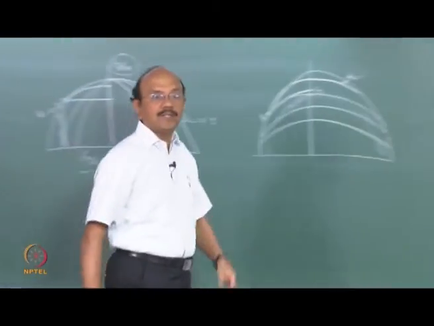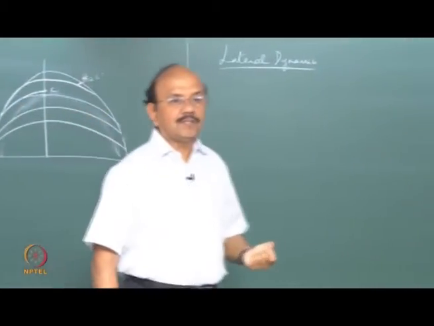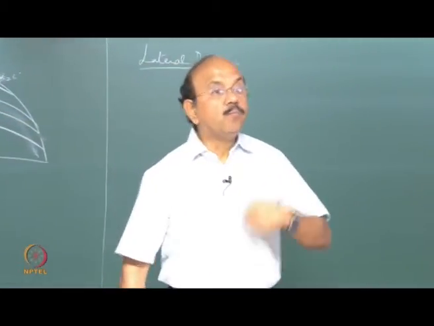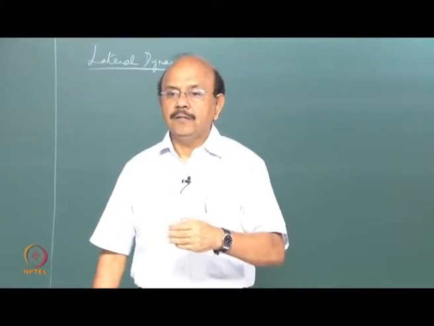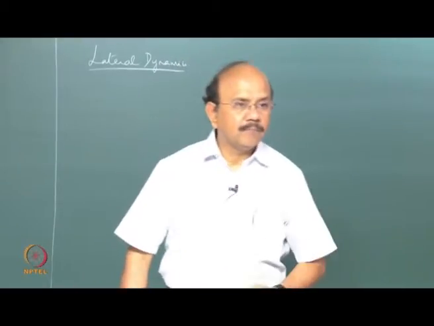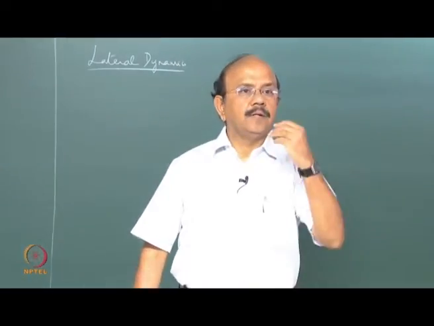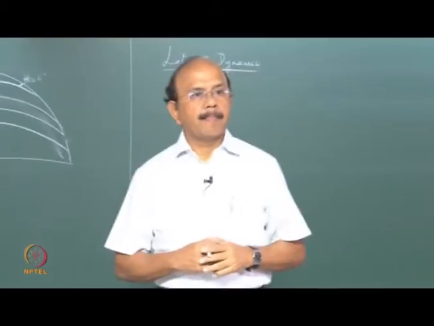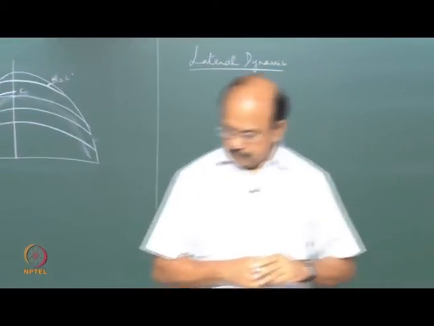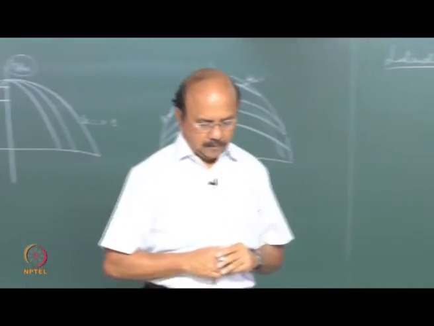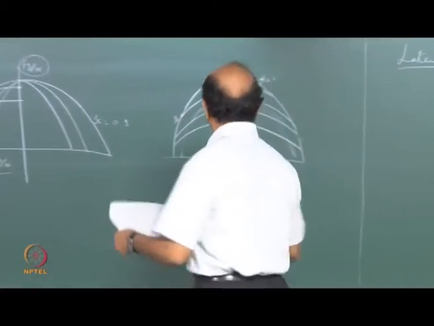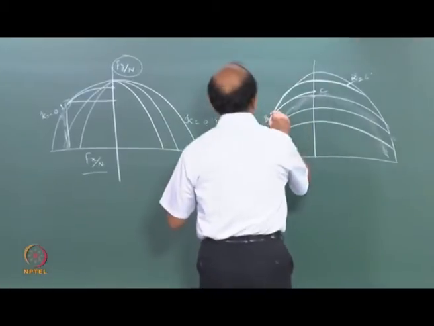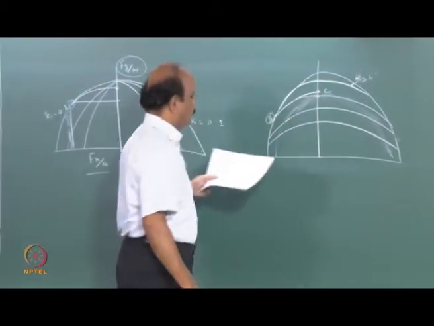In other words, the lateral force is more than what is required for the equilibrium of the vehicle. So, why would the total force remain constant? I understand that the lateral force would remain the same, because what happens is something like this. I've plotted the slip curves. See, suppose you are at this point, okay?